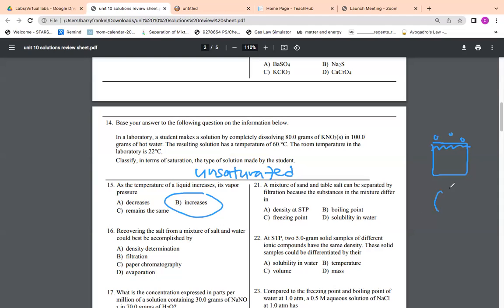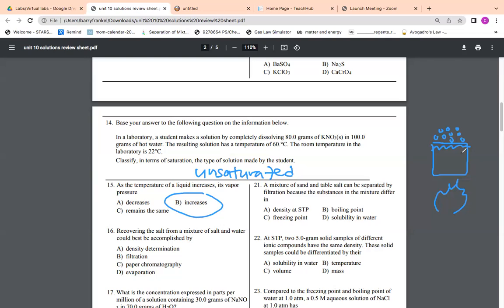As you heat this thing up, so if we put a flame underneath it, it's going to start to evaporate much, much faster. And there is going to be a lot more vapor here. And again, the more water vapor you have right on top of the surface, the more vapor pressure you have. This is a direct relation.